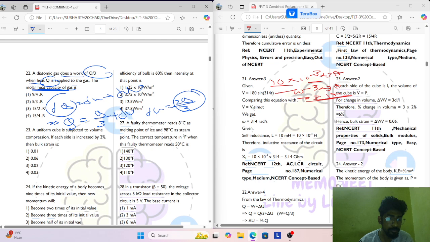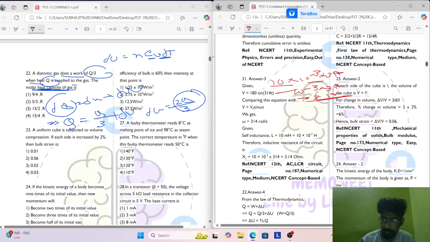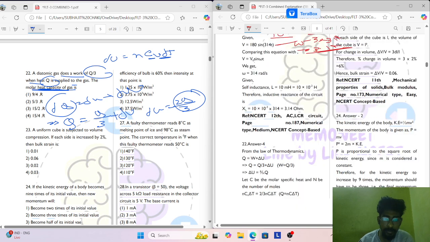Okay. And now what is the formula of internal energy? n Cv dT, change in the temperature here. That means you have to calculate Cv. Q equals n C dT, so it will become 2 by 3 n C del T or dT, whatever you say.